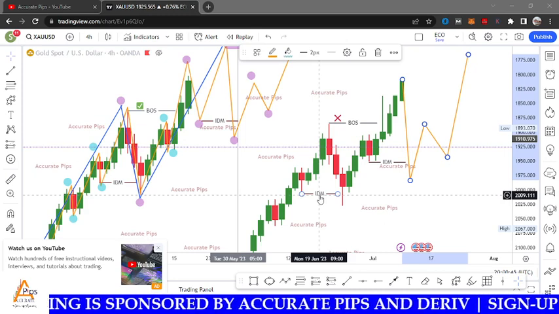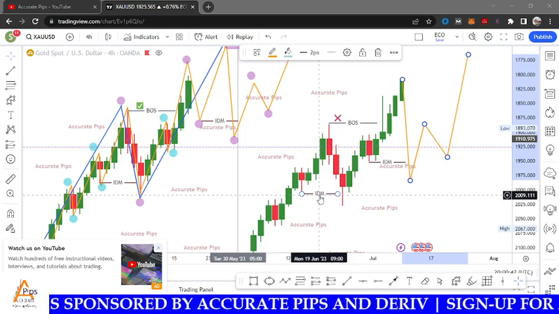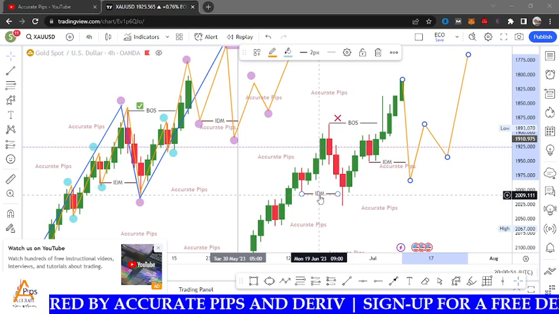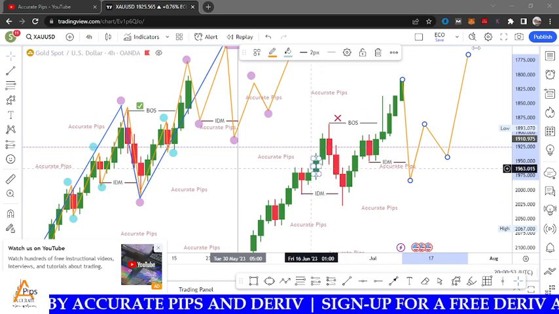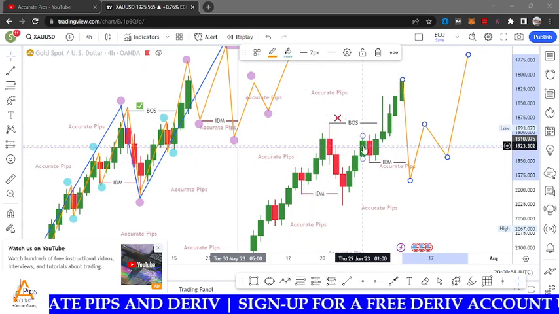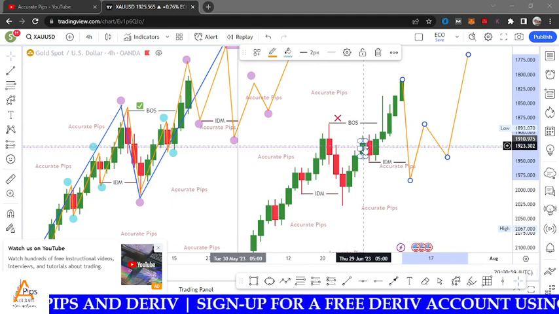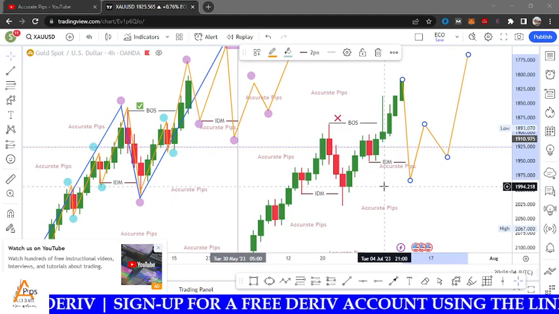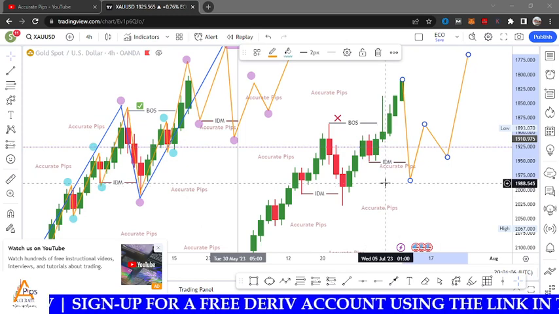This means to confirm break of structure, the candle body should close above the previous high, as I've explained in this particular diagram over here. The previous high in a bullish trend and the previous low in a bearish trend.